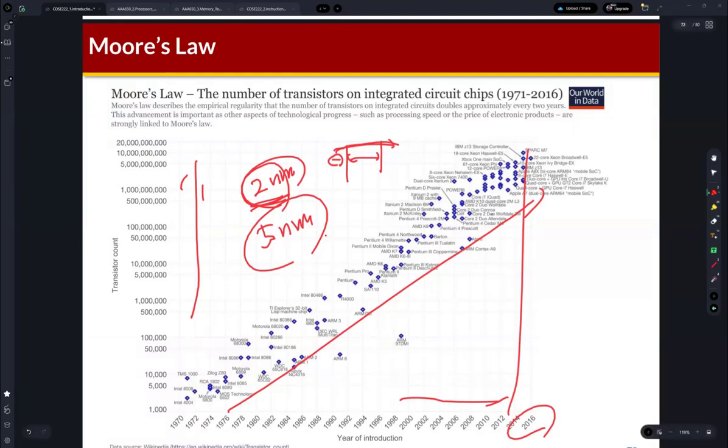Anyway, this width is very small, around tens or hundreds of atoms in size. It's very difficult to make smaller transistors. So even Gordon Moore believed that Moore's law would end soon.